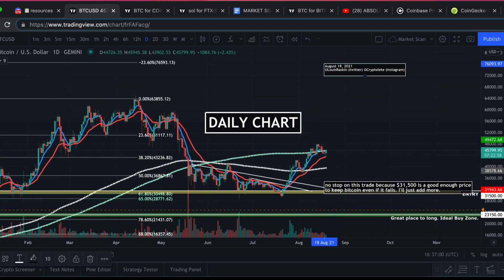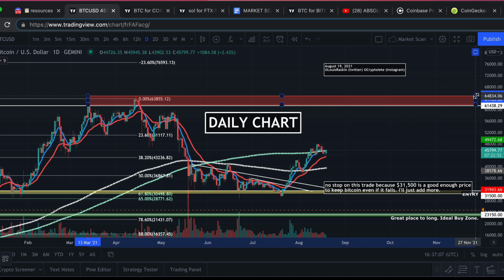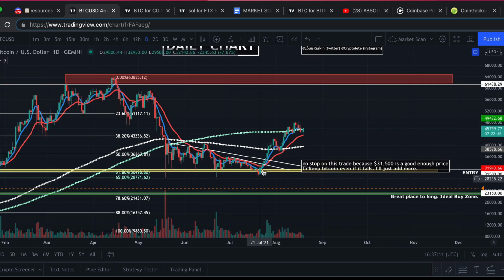Of course, we have this right here, this whole big resistance area. Daily chart: low, high, higher low, higher high, higher low, higher high, higher low, higher high, higher low. Technically, it's still at a higher low, so we're still in an uptrend on the daily.